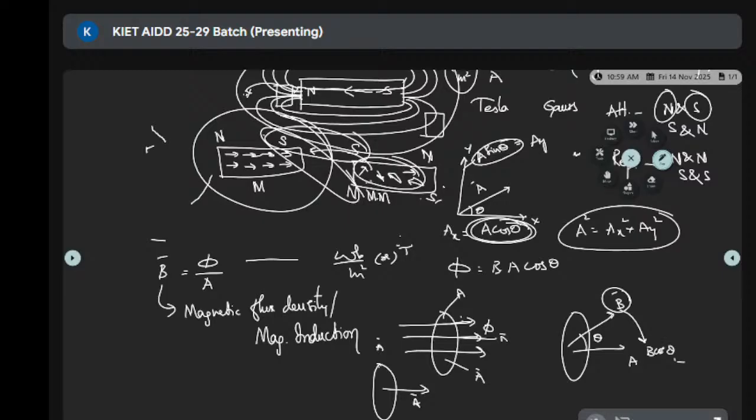So the total flux along this direction is A into B cos theta, so phi is equal to B dot A. B is equal to phi by A. Phi is equal to B dot A.